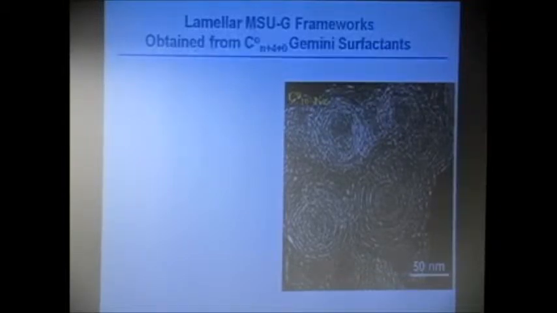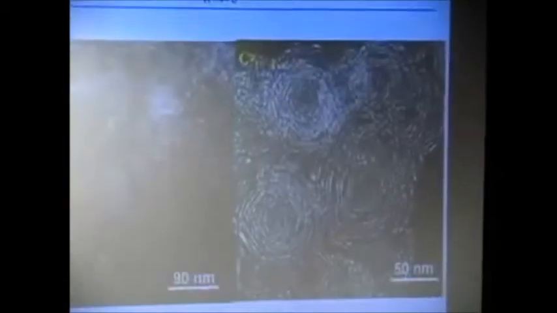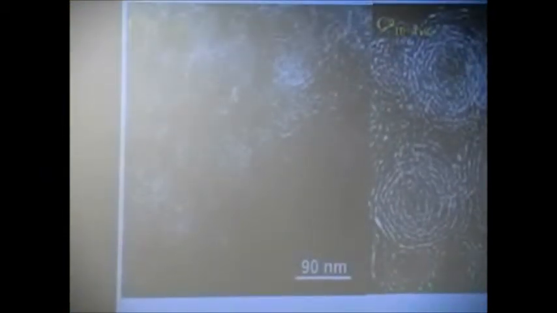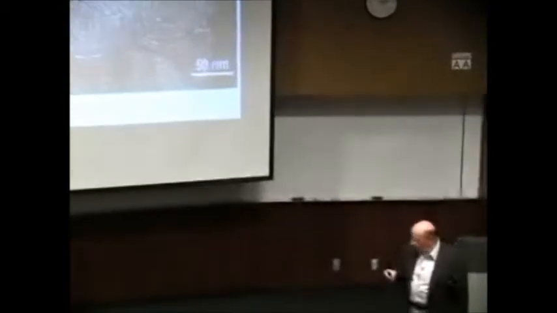The lamellae have simply coiled one around the other. Here's another example of the vesicle structure, but the vesicles being much smaller in that case. So that's the textural properties of the framework and the hierarchical structure of these mesophases that are generated by electrically neutral amine surfactants.